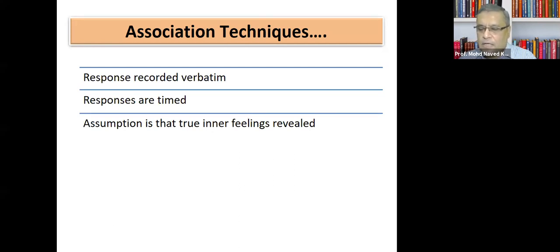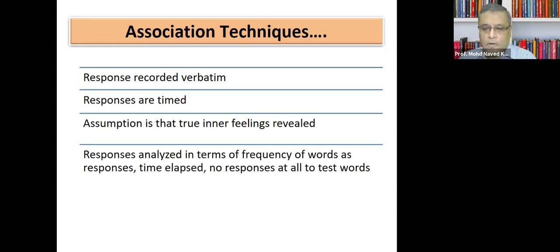So we analyze the responses that are emerging in terms of the frequency of words as responses, and how much time the person took to respond to a particular word. And in case there is no response, that is also supposed to be noted down or recorded by us.